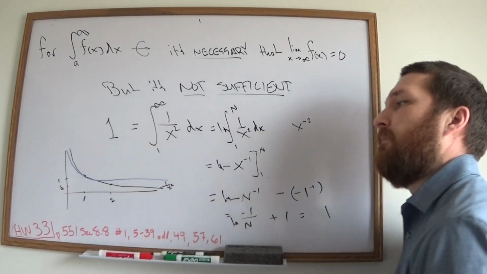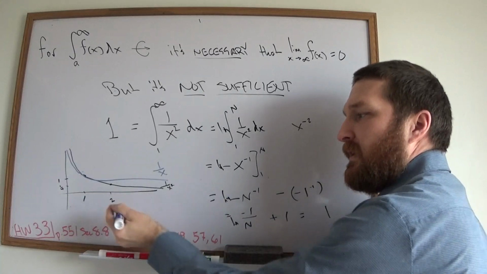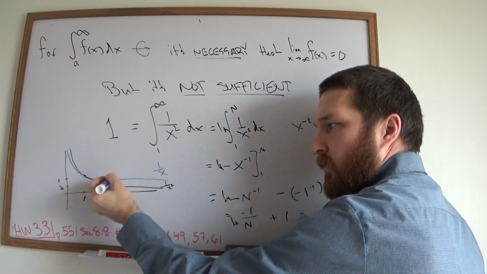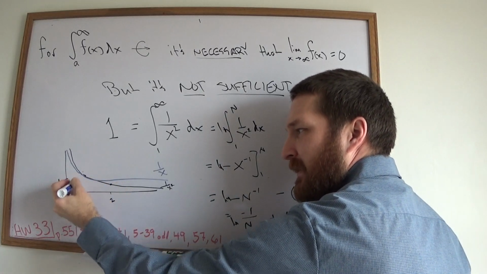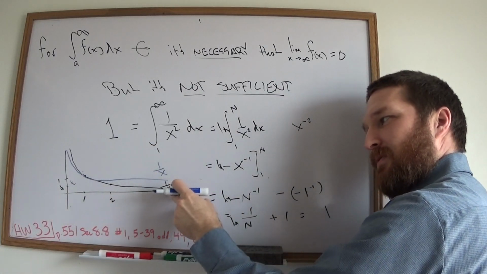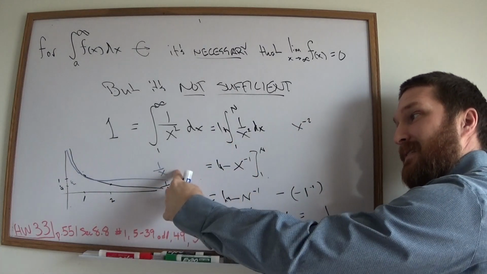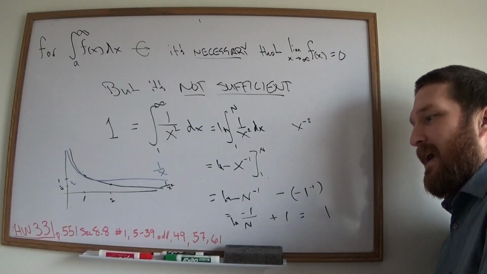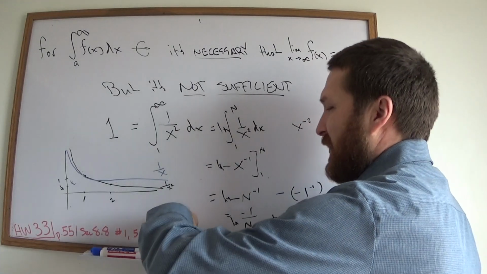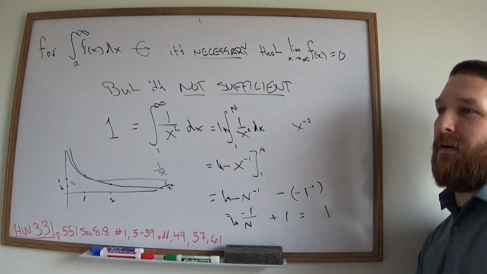Oops, that was terrible. Sorry about that. It's higher up, isn't it? Because plug in a 2, and it's not 1/4, it's 1/2, right? So all of these are higher up. This guy goes to 0 faster, and it turns out that it converges, whereas this guy doesn't. And we're going to see 1 over x is kind of where everything falls apart. 1 over x is bad in every way we're going to talk about today.